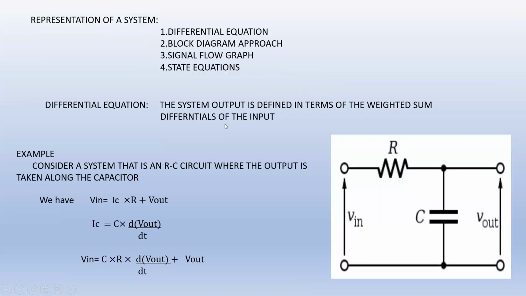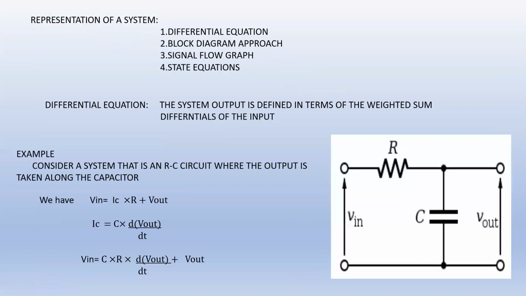If we apply Laplace transform on both sides, we get Vin of s. The previous time domain equation is now converted into the Laplace domain, and the time differential becomes s.